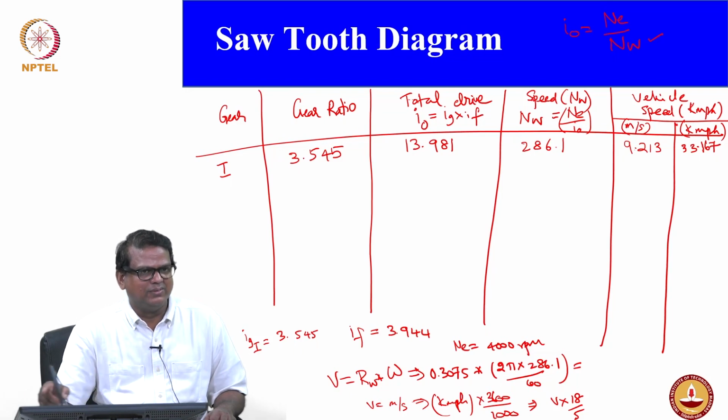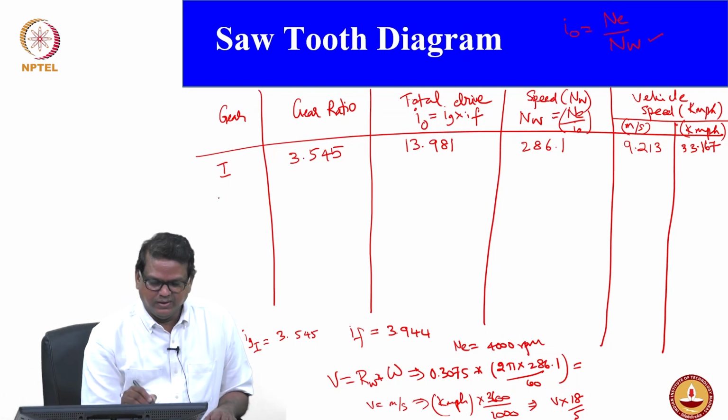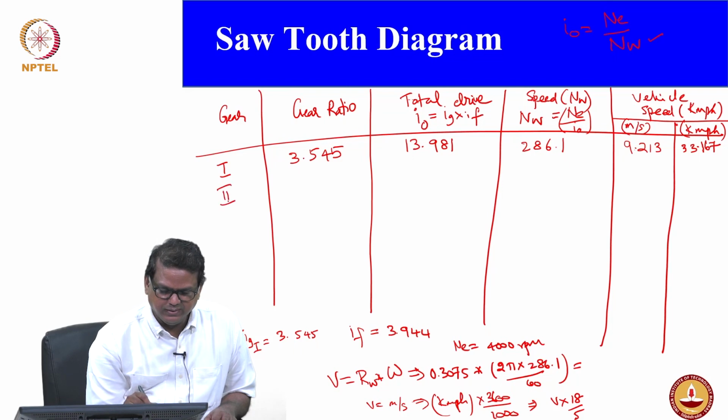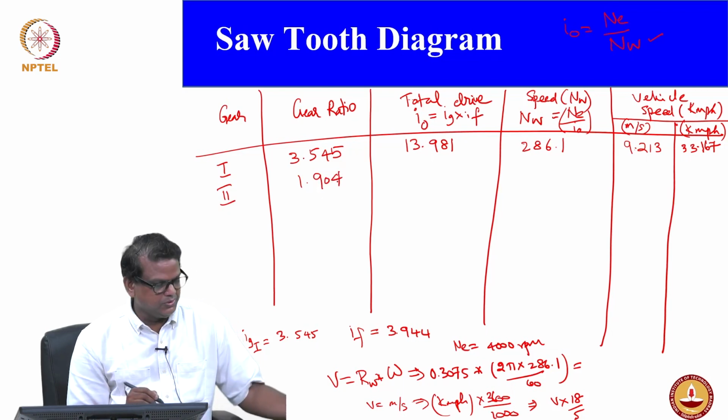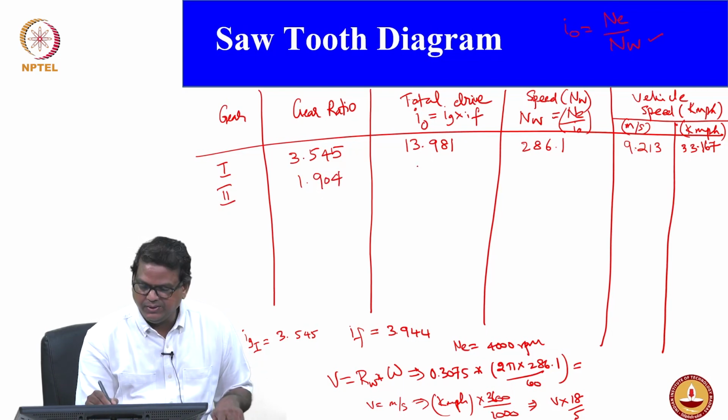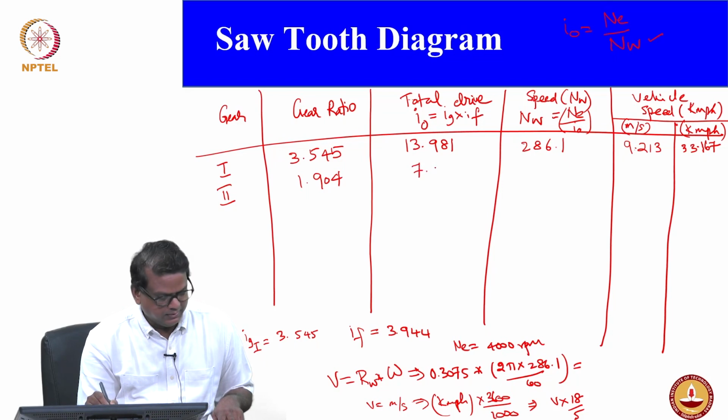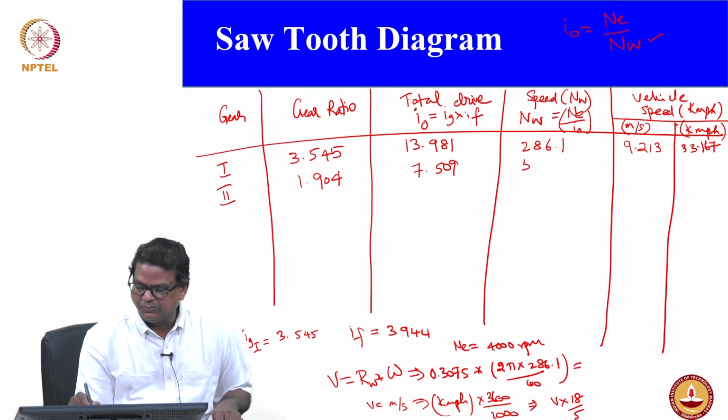Now you know that I did for the first gear, and if you do for second gear, what is the speed ratio? 1.04. Okay, 1.04, and this should be 7.509, and this is 532.69.